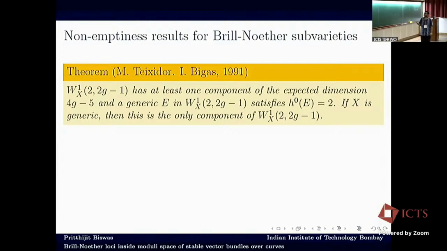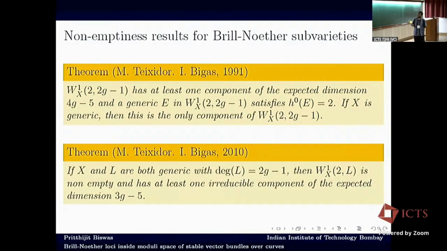It has at least one component of the expected dimension, which is 4g minus 5. It need not be irreducible, and a generic E inside this variety will satisfy h0 of E to be 2. But if the curve itself is generic, then this is the only component. This is a result of Biswas from 1991.